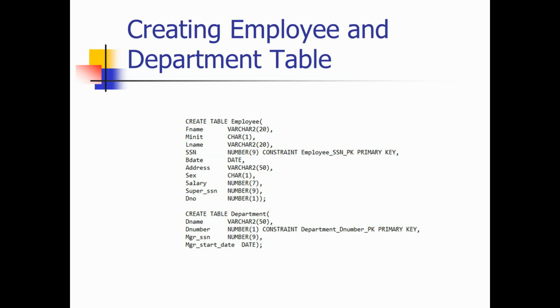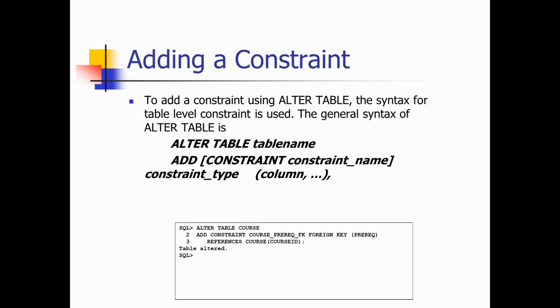And after the two tables are created, we can use the next important concept, which is called alter table. This again is a reserved word or a command in Oracle for you to add the constraints back to the table. So after the two tables are created, you will be able to say alter table, indicating you want to alter the table by adding something, deleting something.